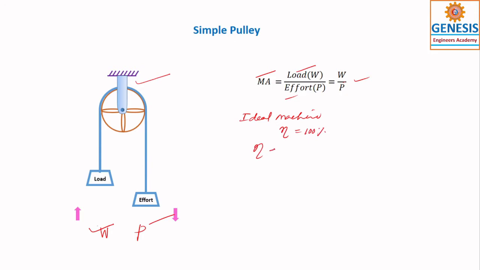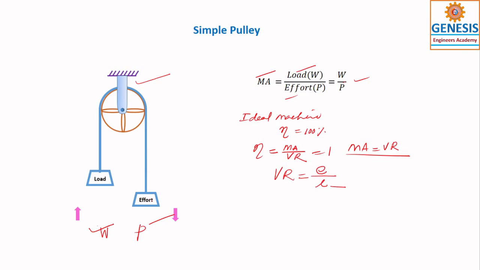What is meant by that? Efficiency in a simple machine is defined by mechanical advantage by velocity ratio. If this is equal to 1, then the mechanical advantage is equal to velocity ratio. In this case, velocity ratio is defined as the distance moved by the effort by the distance moved by the load.